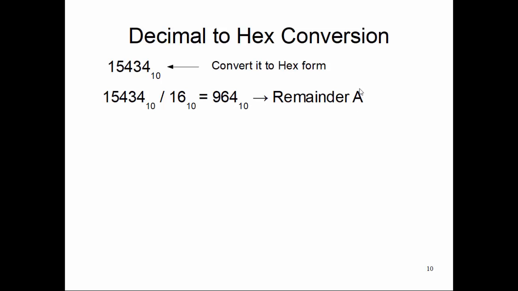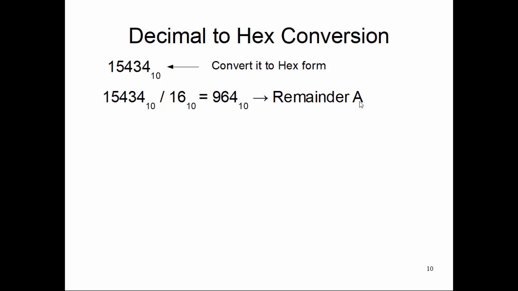So the question is why it is A, right? If you divide 15,434 by 16, your quotient becomes 964 and the remainder becomes 10. And 10 is represented in hexadecimal with the symbol A.